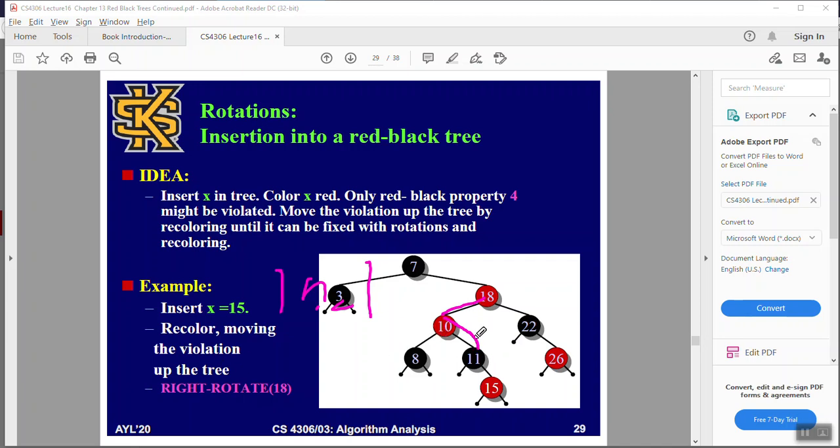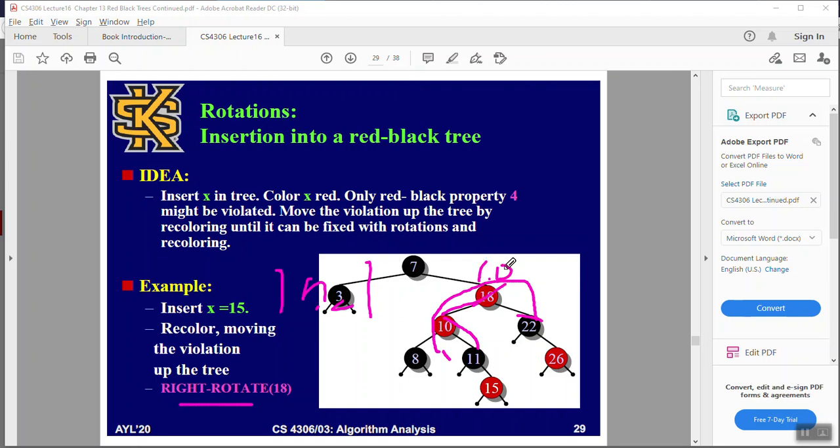Starting from the violation point, do a right rotation. If you do a right rotation of 18, this entire thing rotates, then 10 will go in the position of 18. So at this place, instead of 18 it will be 10.